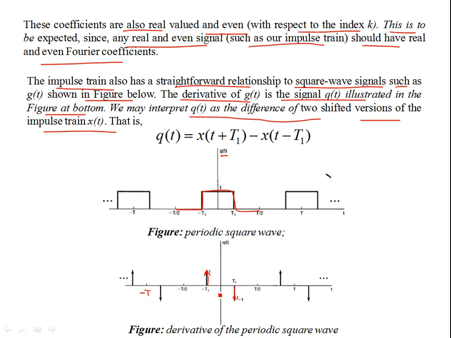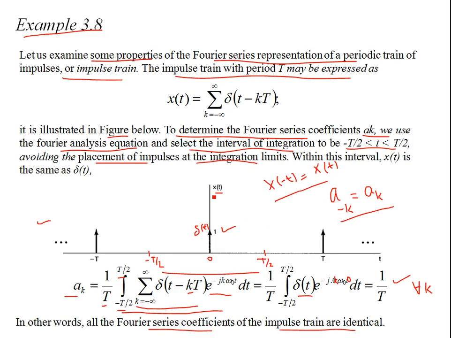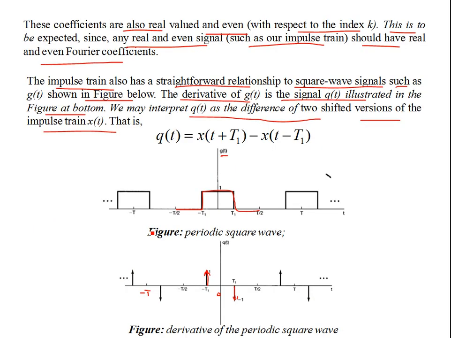If you recall, this was your x(t), and x(t+T1) simply means that your impulse is shifted to minus T1. So this term is over here, and the other term implies a negative strength impulse at plus T1.